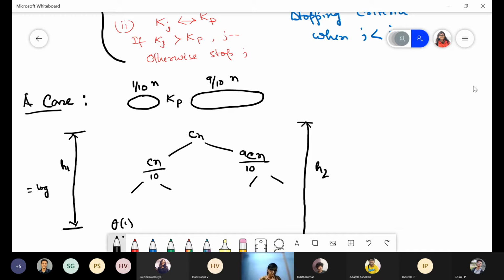Log base 10 of n. Yeah, exactly. And here? Log base 10/9 of n. Yeah. And as this is log in both cases, so what will be our complexity? Say complexity is Tn, so what will be our Tn's value?